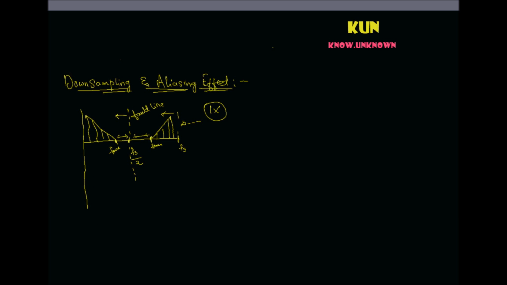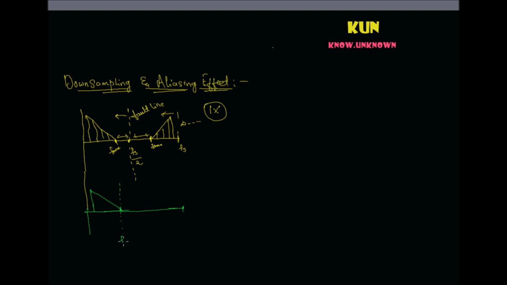So I'll just change the color here. As long as I downsample, let's say by a certain factor, it is not exactly to scale, but just for the sake of understanding, let us say I have downsampled, and as a result, it has absorbed these many points. What we saw in the previous video was that the spectrum is going to remain as it is, but the fault line is going to move.